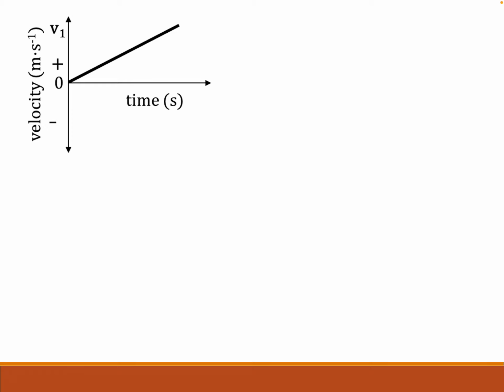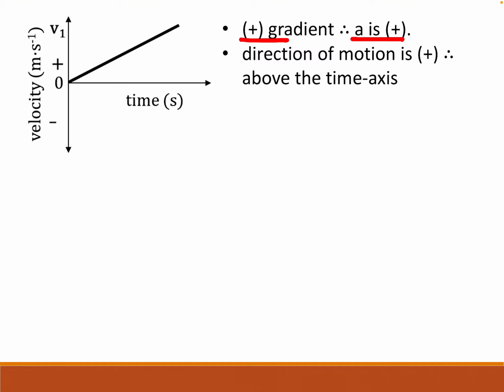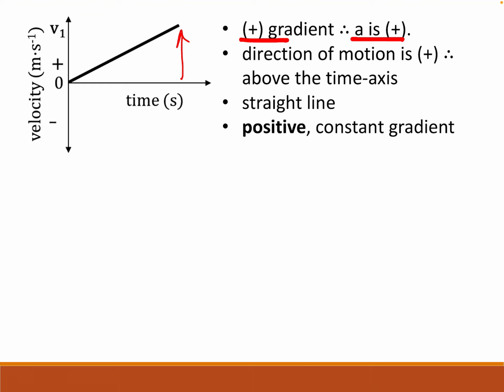We're only working with straight lines for velocity. The gradient is positive because acceleration is positive. Okay? The direction of motion is positive because it's above the x-axis. And it's a straight line because it's got constant acceleration. That is a constant value.